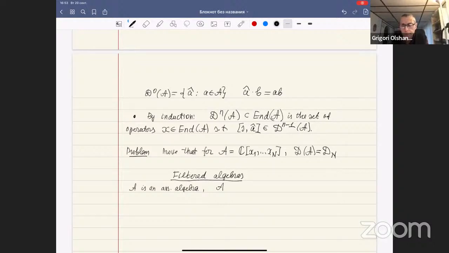No? Okay. So A is said to be filtered if it is represented as the union of vector subspaces, usually indexed formally from 0 to infinity. And the axioms are as follows. We have chains of subspaces.